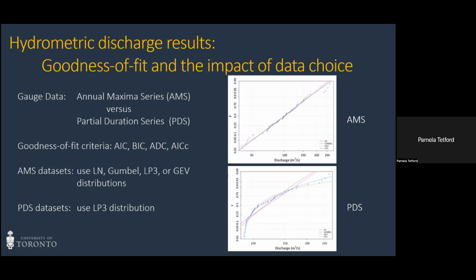But the generalized extreme value models just were the best fit in a limited number of cases. However, the PDS data sets, the partial duration series, we found that they overwhelmingly suggest that for Southern Ontario, for modeling flood frequency, a log Pearson type 3 model should be used.